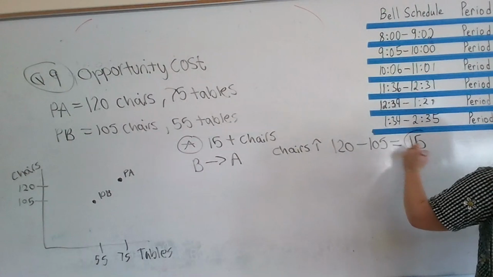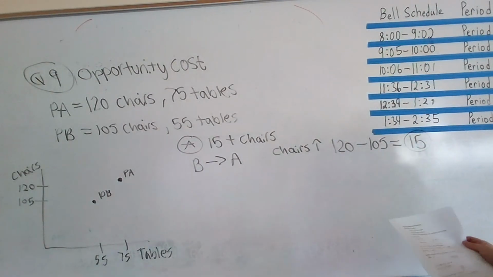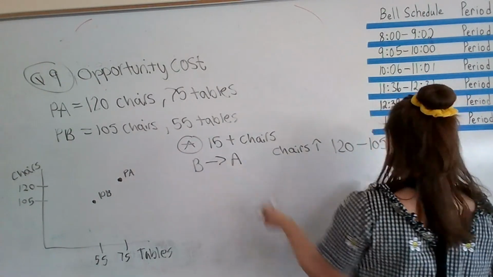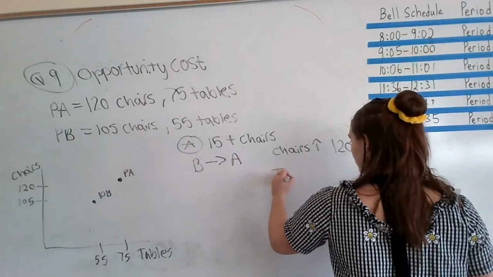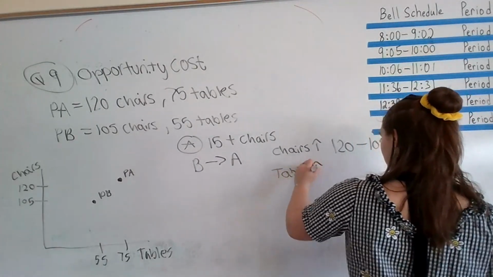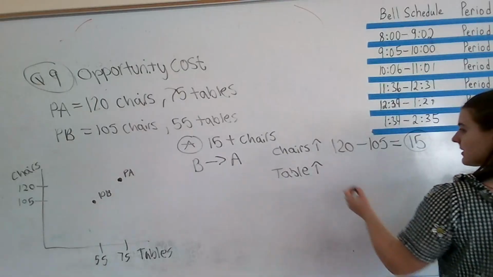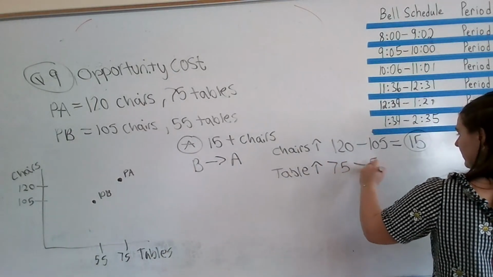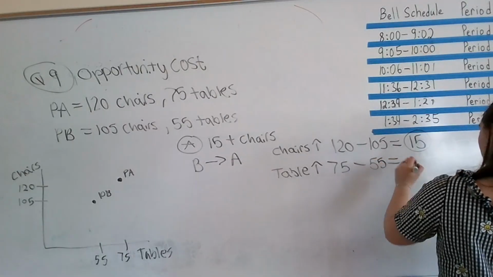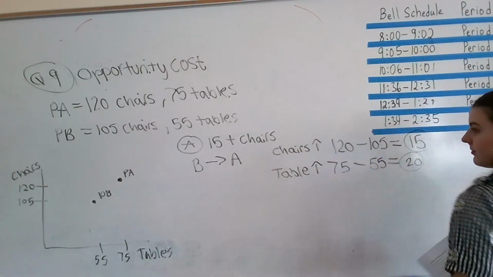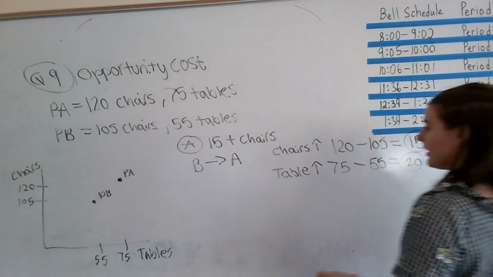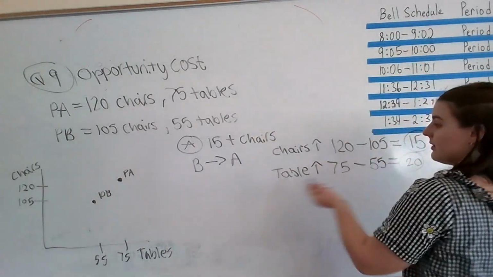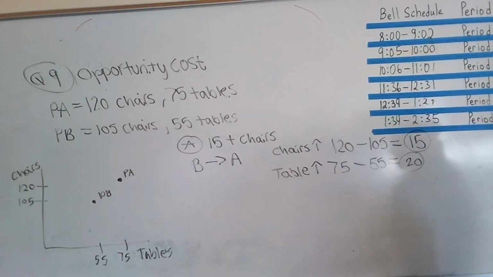So we got 15 more chairs. From point B to point A, tables also go up. We produce more tables. In this case, we go 75 to 55. And we go up 20 tables. So from one point to another, we can produce 15 more chairs and 20 more tables.